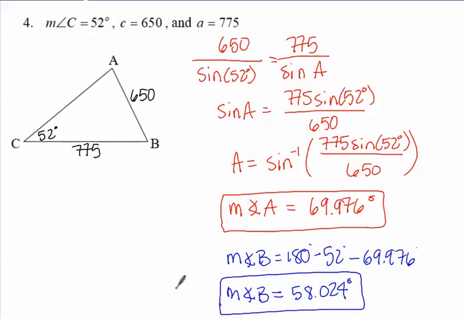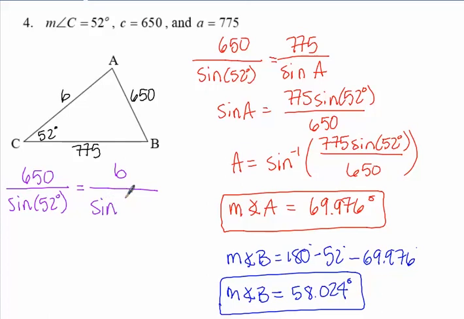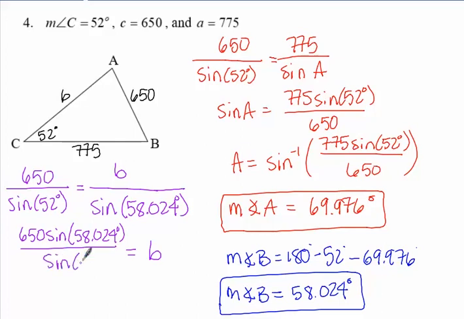Now I can find side B, which is this side. I'm going to start again with my fraction for side C and angle C, since that's what I was given originally, to avoid round-off error, equals side B, which I don't know yet, over sine of angle B. So B equals 650 sine 58.024 over sine of 52 degrees.